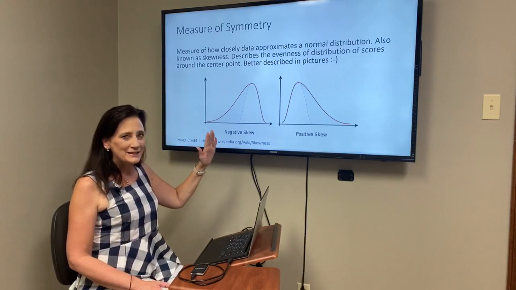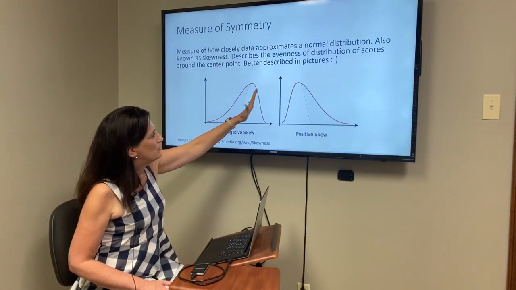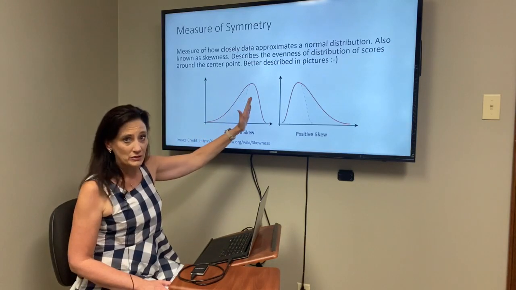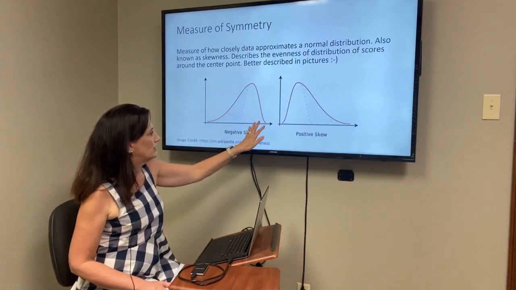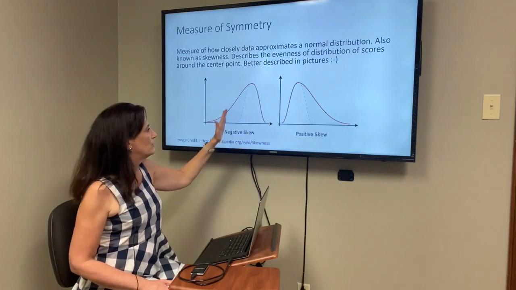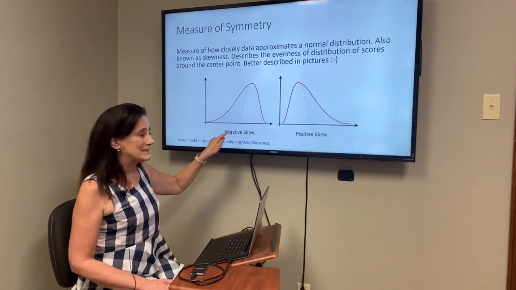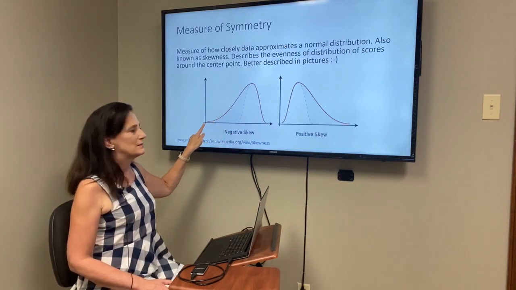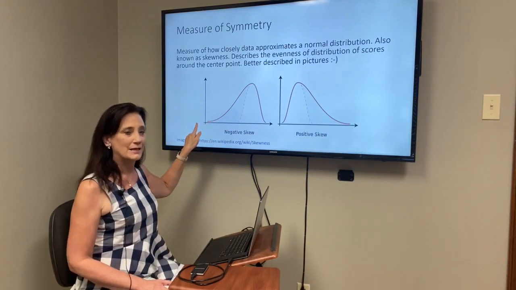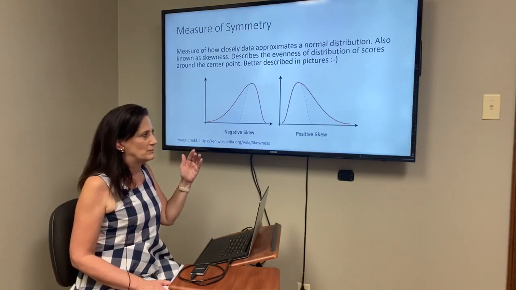If it's negatively skewed, your numbers are skewing more in this direction. So let's say this is 0 to 100. Over here, they're skewing more toward the 0. Here, they're skewing more toward the 100. But you can remember it's negative because this tail is headed in the negative direction. So just use that to kind of help yourself remember.